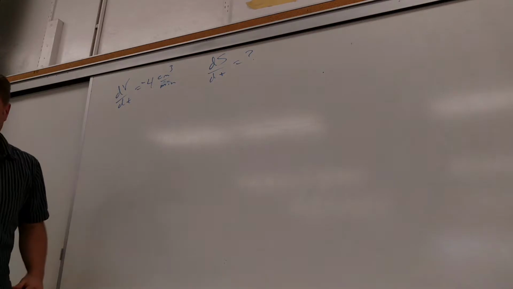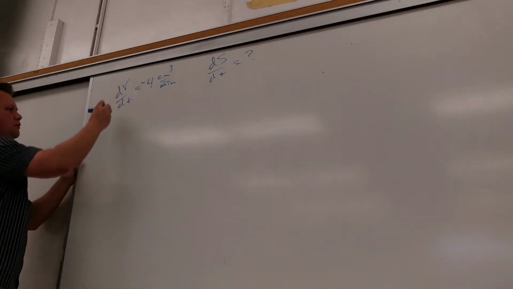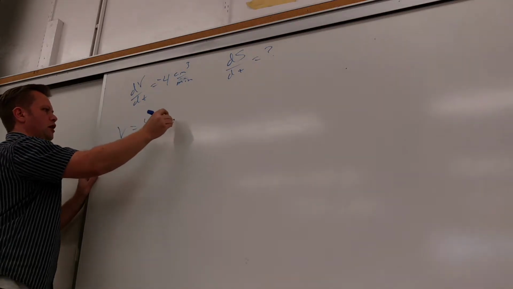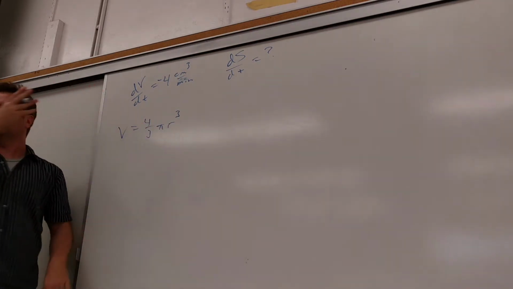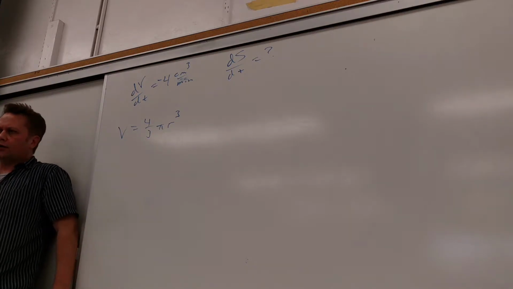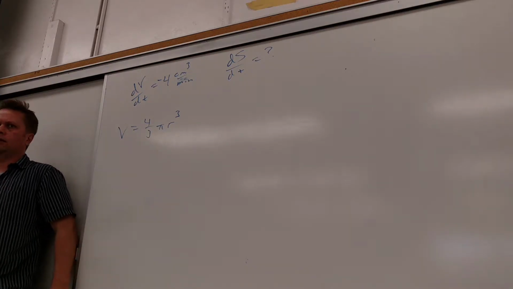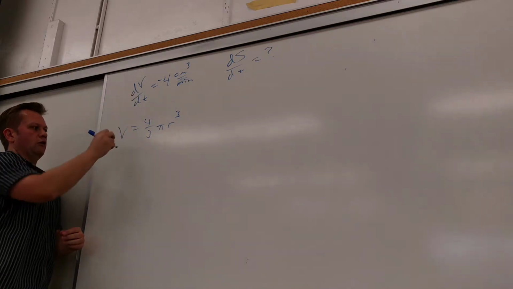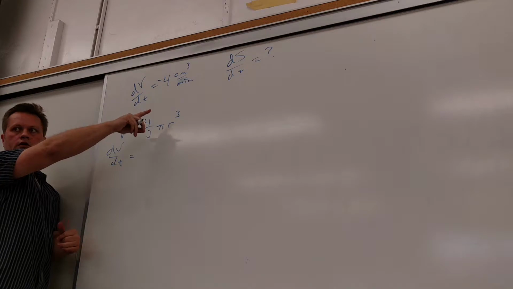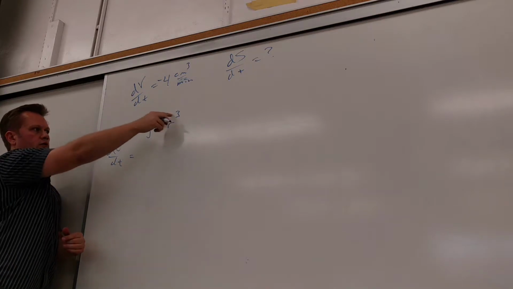Okay, so the volume formula is given to you. This is not one where I've got to get rid of a variable, because it only has one variable to start with. This is a different kind of double layer problem. Obviously I want to figure out what dV/dt is. So what's dV/dt? 3r squared.